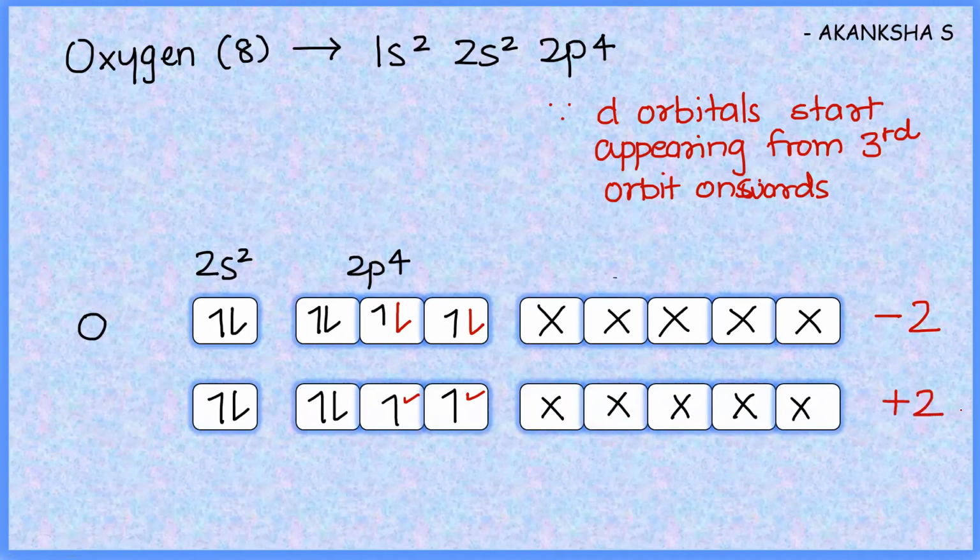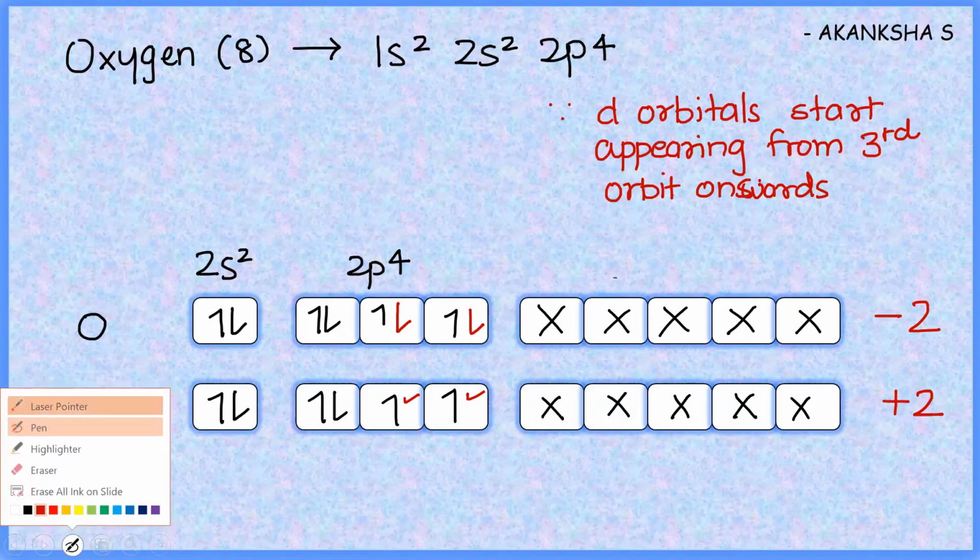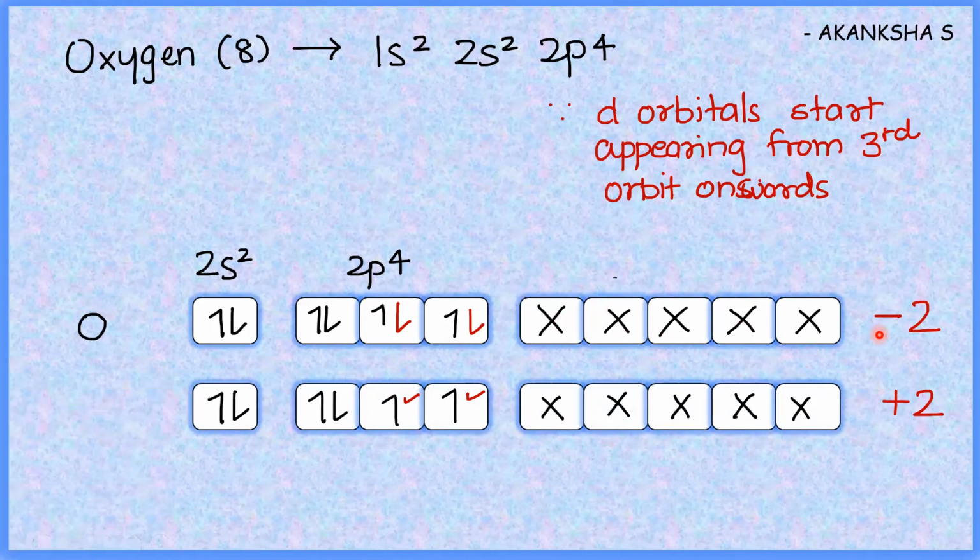Mind you, unlike sulfur and other elements of group 16, there is no space for oxygen in d orbitals to unpair the paired electrons. There are no d orbitals for unpairing. So there is no point in unpairing these electrons. There is no space for it. So these are the only two numbers we can gamble with.